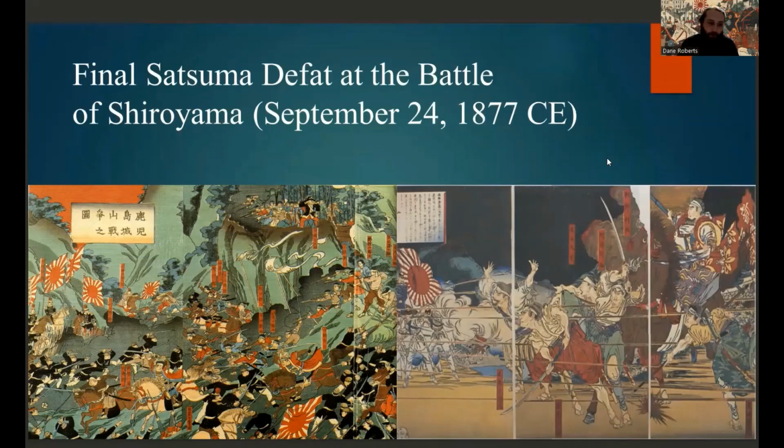They did have modern weapons, and they did use modern rifles. Again, some of them did dress in traditional samurai garb, but as you can see over here, a lot of them also did dress in modern uniforms.